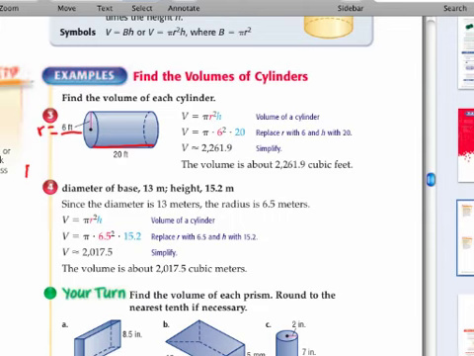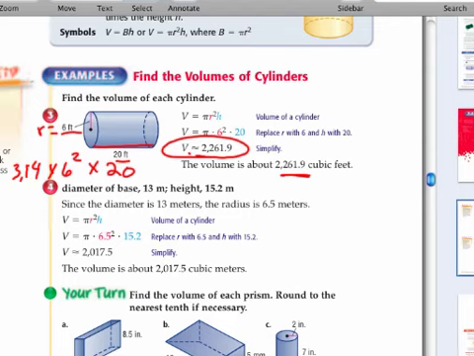So pi is 3.14 times 6 squared, or 36, and then take that times the 20, and I end up with 2,261.9. And once again, whenever we're dealing with pi, these are always going to be approximations, and so I would normally round off to the nearest tenth. Round that off correctly.